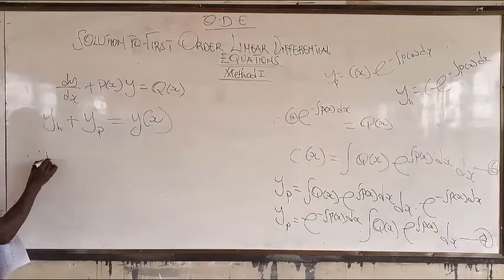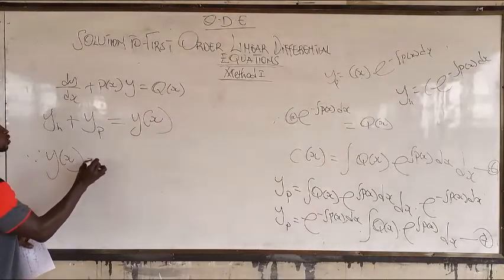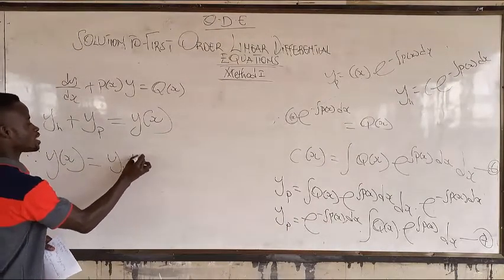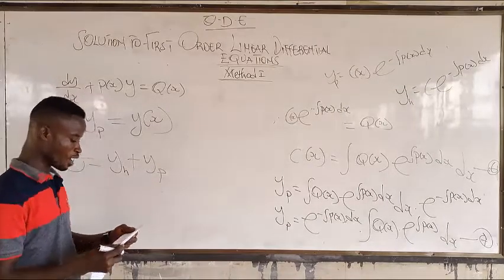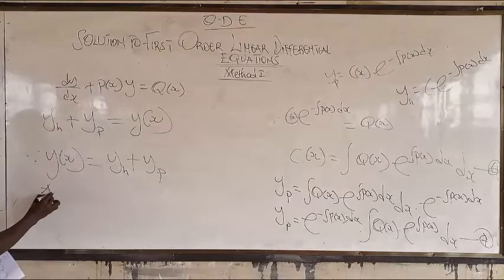So therefore, y in terms of x is going to be y subscript h plus y subscript p. Very good.